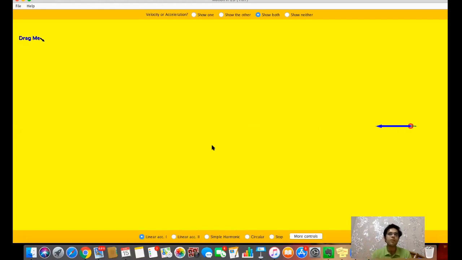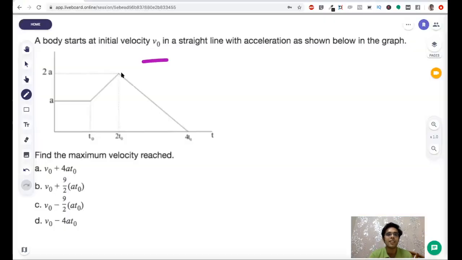A lot of students think that velocity will start to decrease when the acceleration decreases. No, the rate of change of velocity will decrease, but the velocity will still keep on increasing.